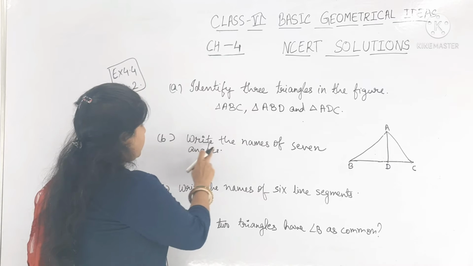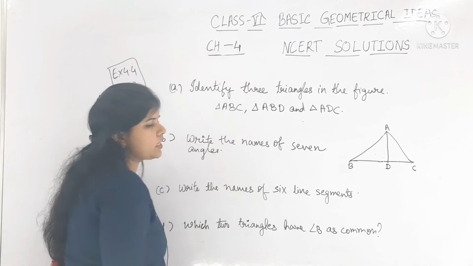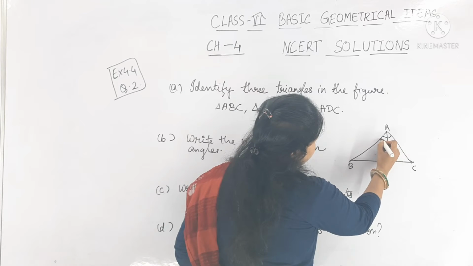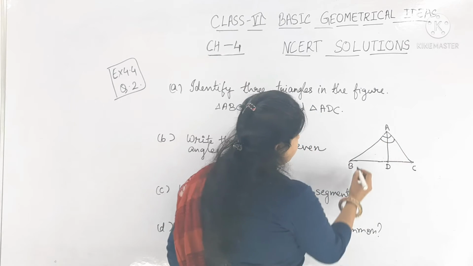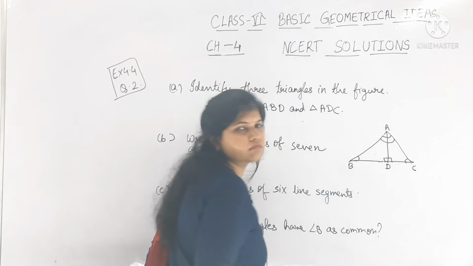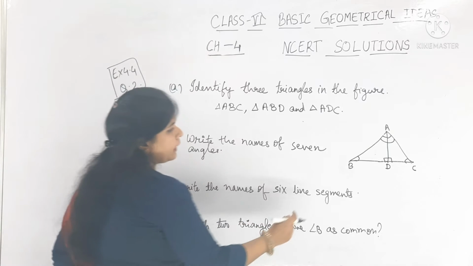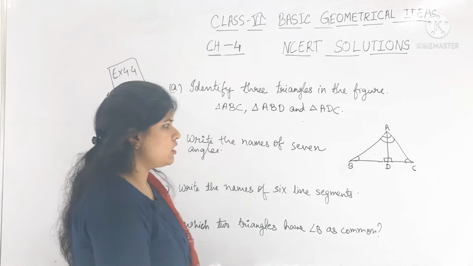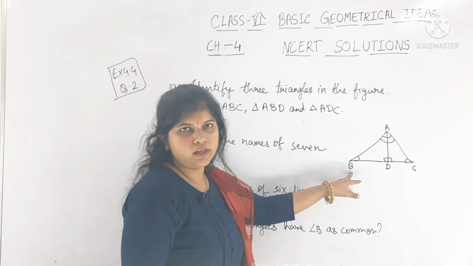Now come to the B part. Write the names of 7 angles. Here you can see this is 1, 2, 3, 4, 5, 6, 7, like this. So you have to name the angles, where the angle is, that will be in the middle in naming.